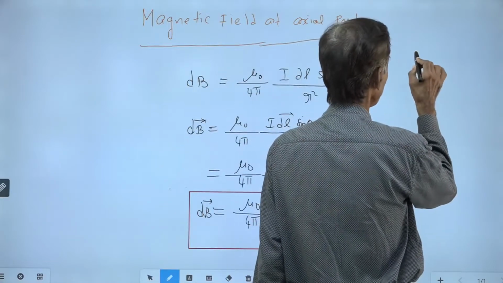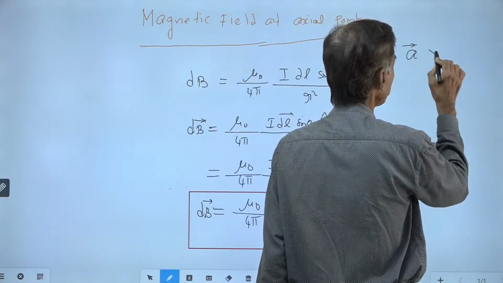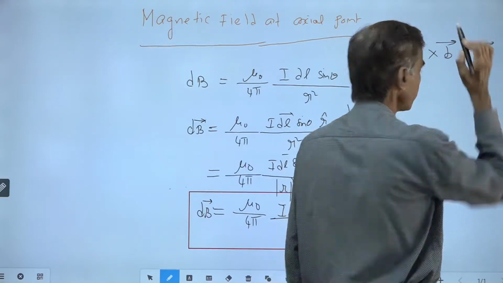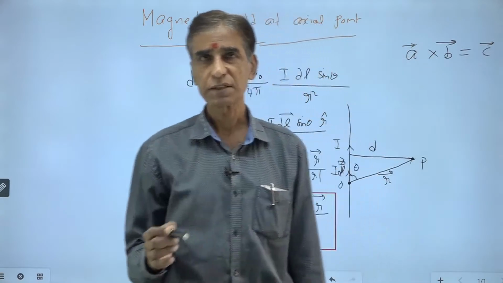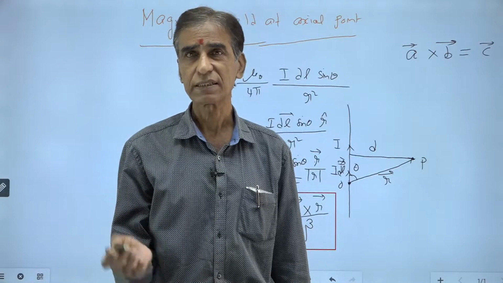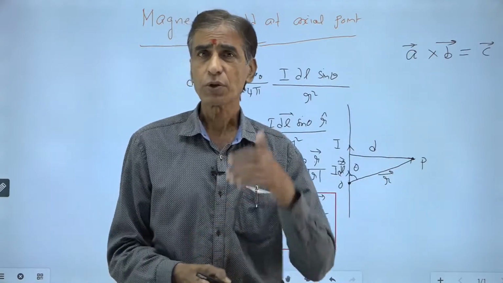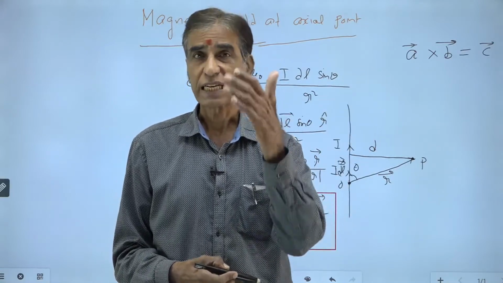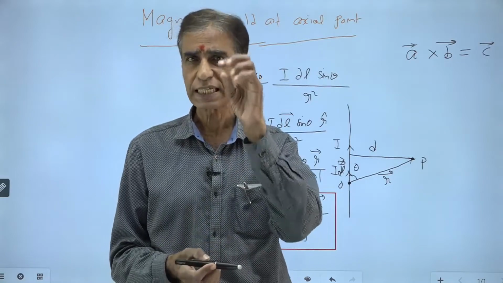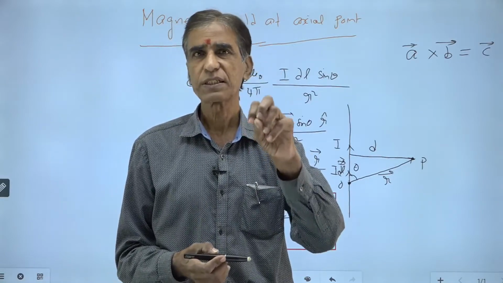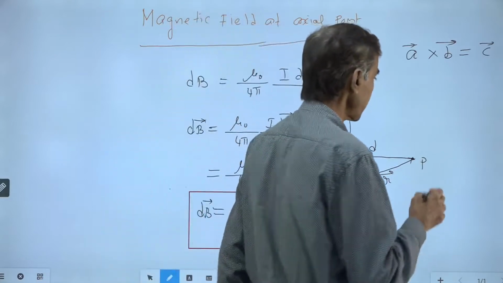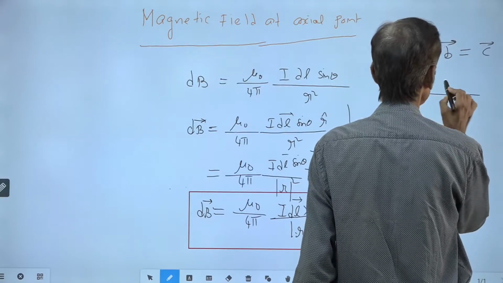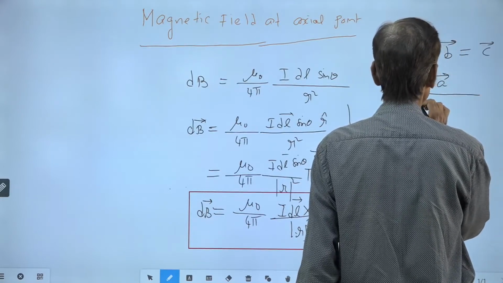A vector cross B vector is equal to, we will write, C vector. A cross B is another vector, that we write as C vector. So, how do you find the direction of that vector C? By using our right hand thumb rule. I told you the easiest and most common rule we use is the right hand thumb rule. That means here, first we take the A vector, suppose this is our A vector, then this is our B vector.